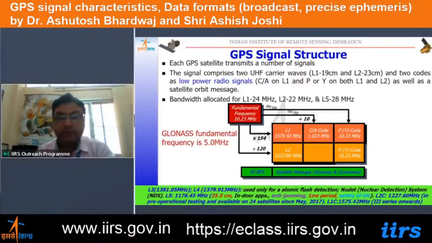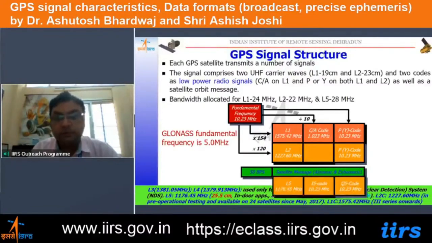And 50 bit per second almanac and ephemeris data is also being transmitted, which includes the chart of all the GPS satellites and the instantaneous coordinates of the GPS satellites to the receiver, so that they can be used for the measurement of the pseudo ranges.